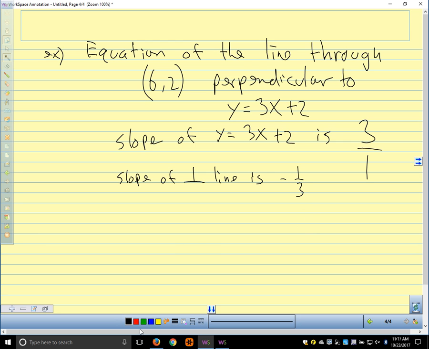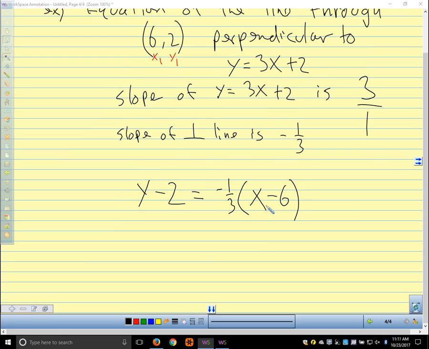So there's our slope. This is my point, x1, y1. And I can write the equation, y minus y1 equals the slope, negative 1/3, times x minus x1, x minus 6. That's fine for the equation of the line. You don't have to do anything else.